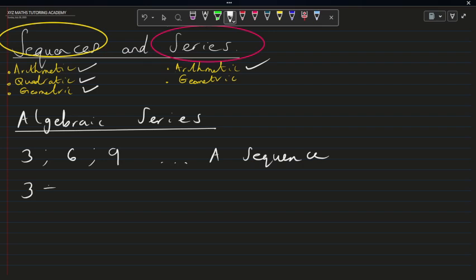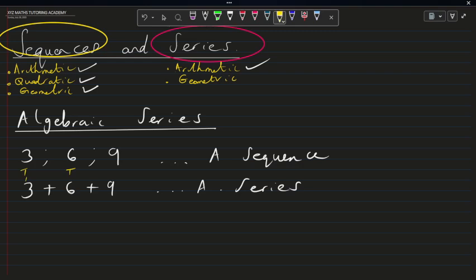Okay, this is an arithmetic series. So in an arithmetic series, what we are basically trying to do is take all the terms that are present in an arithmetic sequence and then sum them, or add them together. Okay, so that is what we are doing in an arithmetic series.